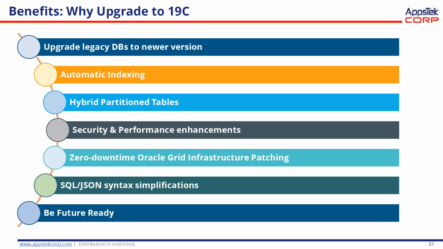Automated PDB relocation: you can relocate the pluggable database automatically using simple commands. You can upgrade your CDB, and under it the PDB, and then move it to the higher version of the CDB.